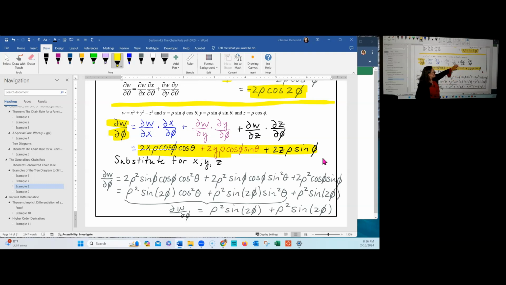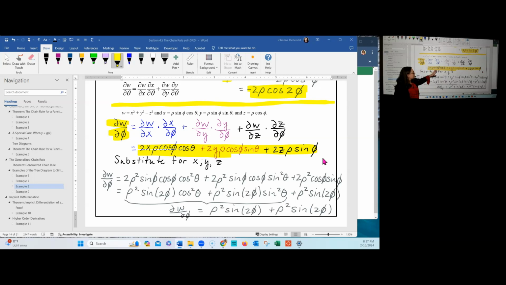Finally, we add to that the partial of w with respect to z, which is minus 2z, but the partial derivative of z with respect to phi is a negative sine of phi, which gives us a double negative, creating plus 2z rho sine of phi for the final term. In this particular case, there's no simplification that we can do at this level.